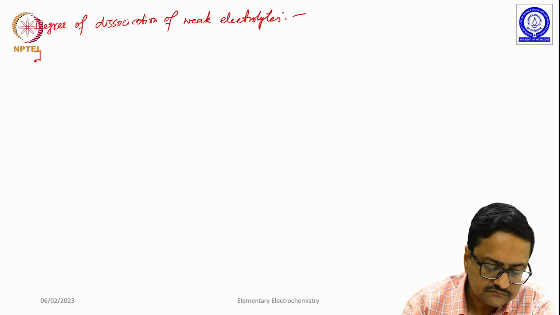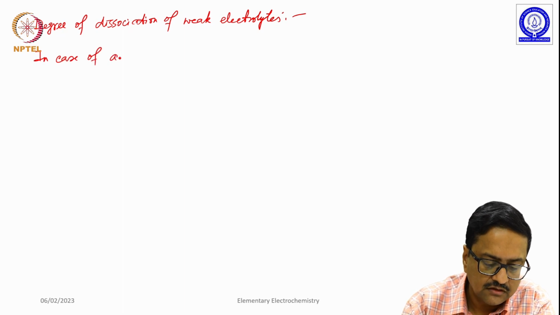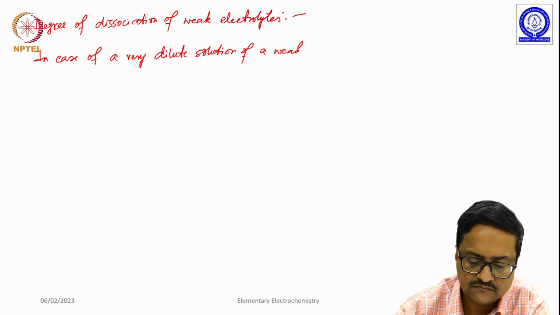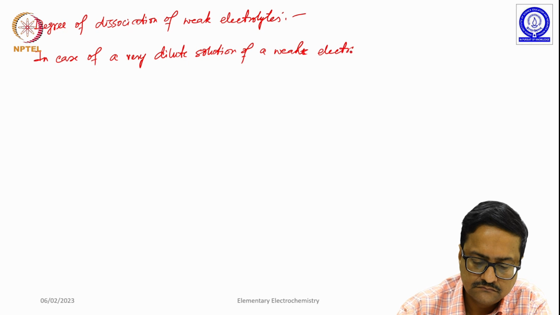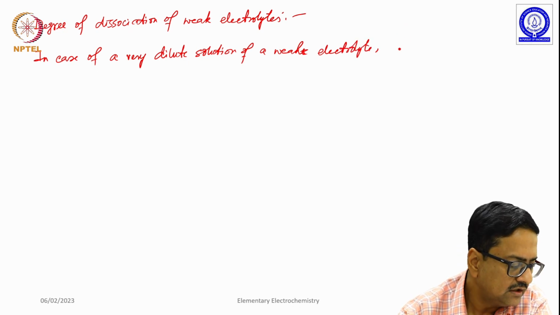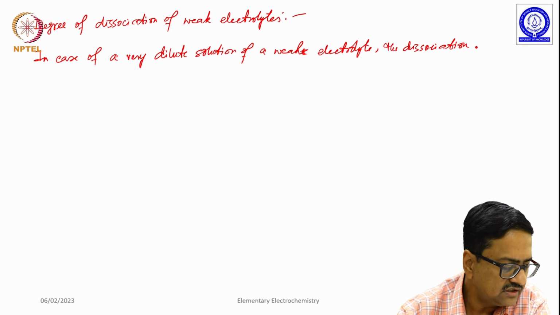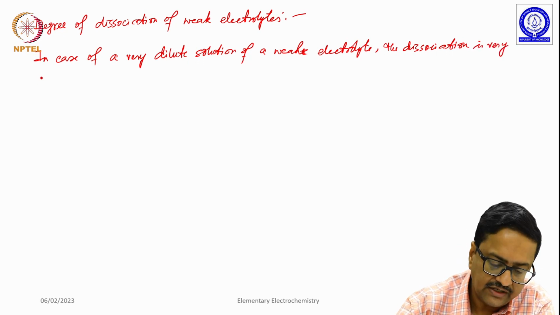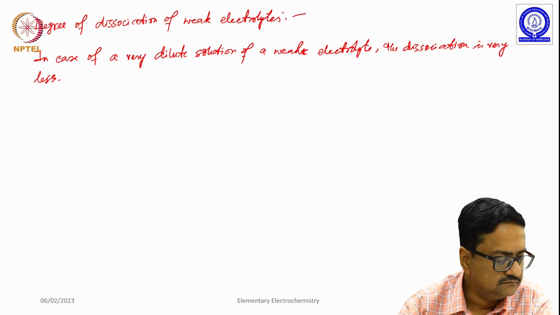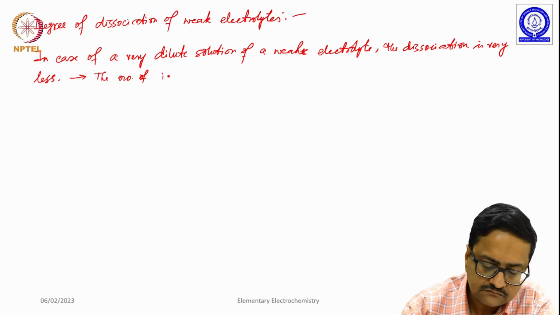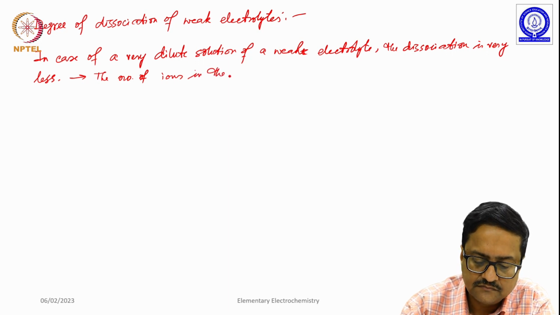In case of a very dilute solution of a weak electrolyte, the dissociation is very less, which essentially means the number of ions in the solution is very less.